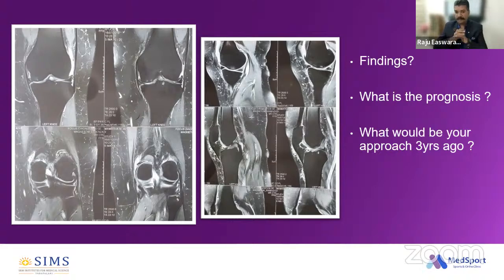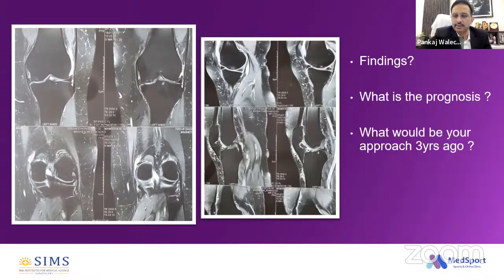I will initiate the conversation about realignment procedure, but to be very honest, my approach would be a bit more conservative. Okay. Pankaj, any thoughts? So I would like to do an orthoscanogram for this patient and would definitely check her alignment at this stage.